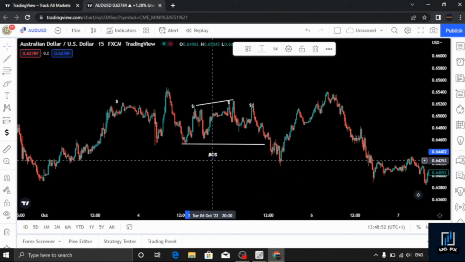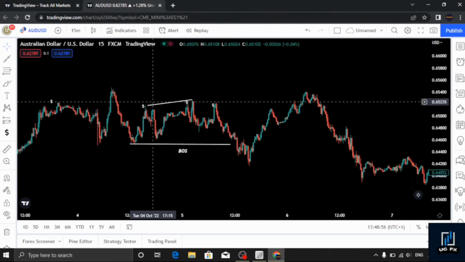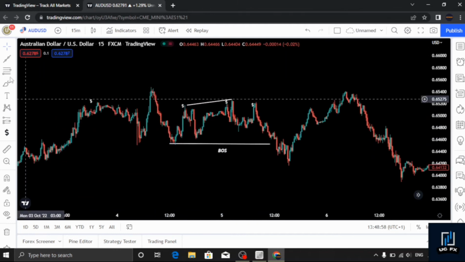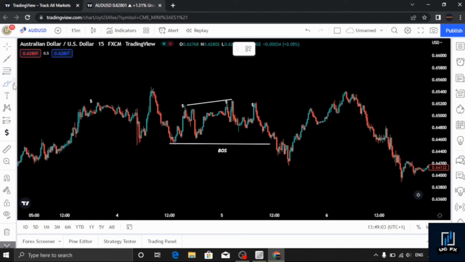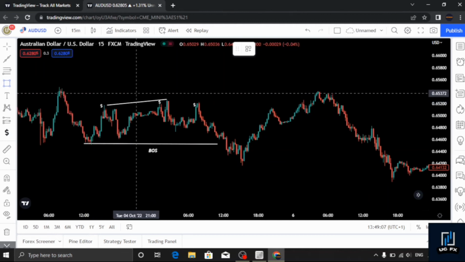And then what next? Price tapped into our 15 minutes time frame order block.